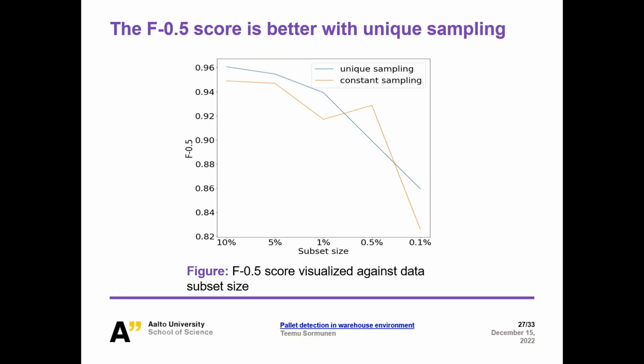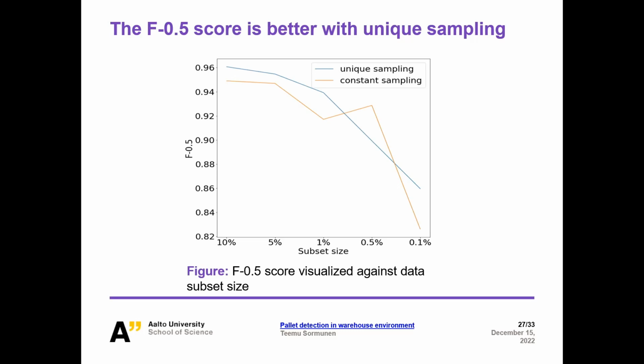Visualizing the F0.5 score against the subset size gives us a nice visualization of how the performance decays when the subset size goes smaller. This figure also shows us nicely that unique sampling produces more robust results and it yields constantly higher results than constant sampling. Constant sampling, however, outperforms unique subsampling with the data subset size of 0.5%, and this was thought of as an outlier performance.